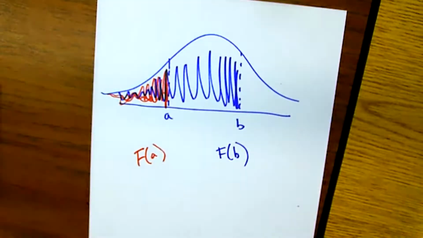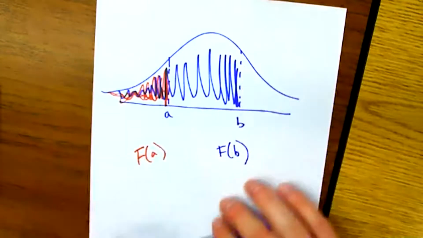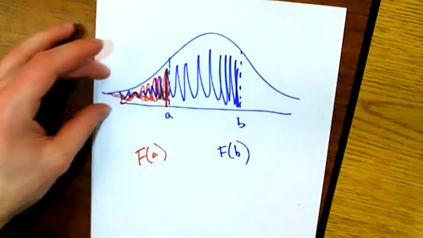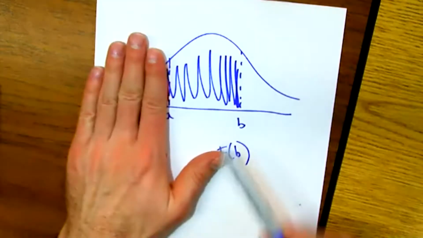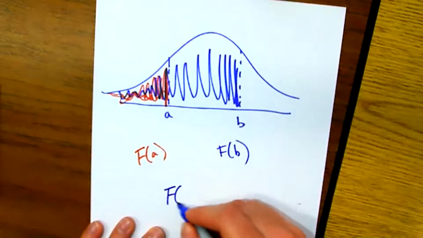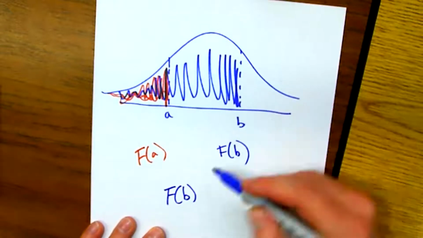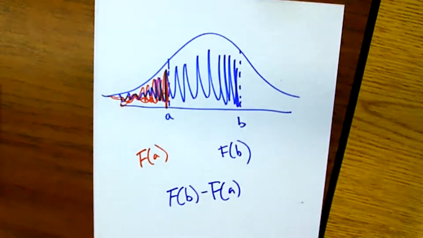What I wanted originally was the probability I'm in between these two. So if I take the entire area up to B and subtract out the red area, now I'm just left with what's in between. Or I take the cumulative density function for the larger value, subtract the cumulative density function for the smaller value, and that gives me the probability I'm in between those two.